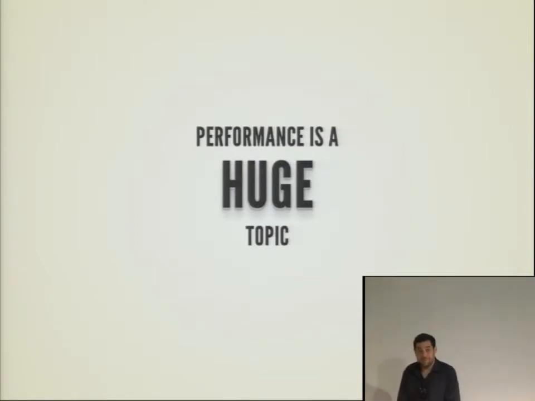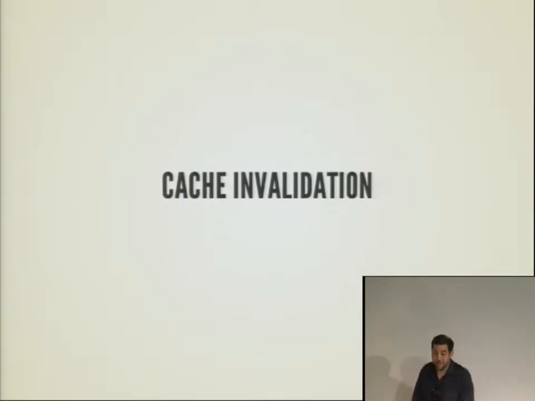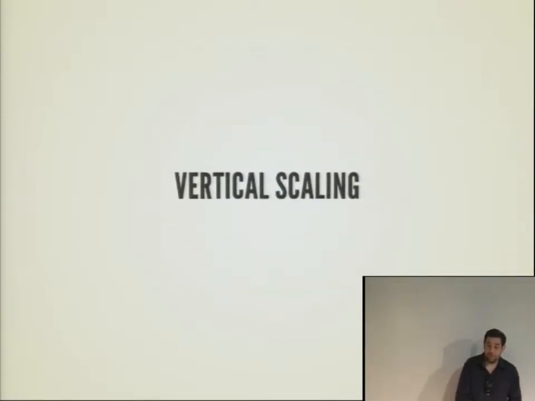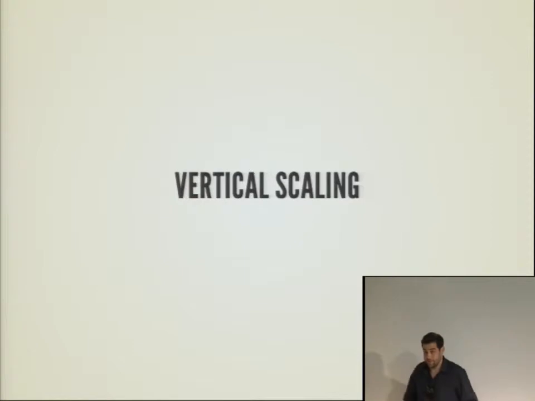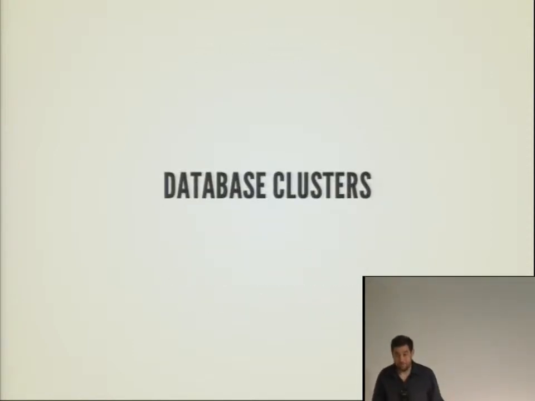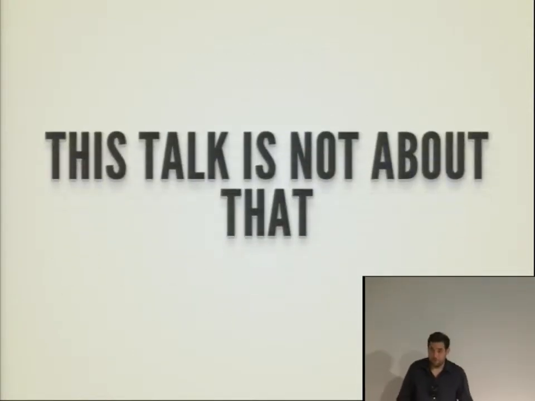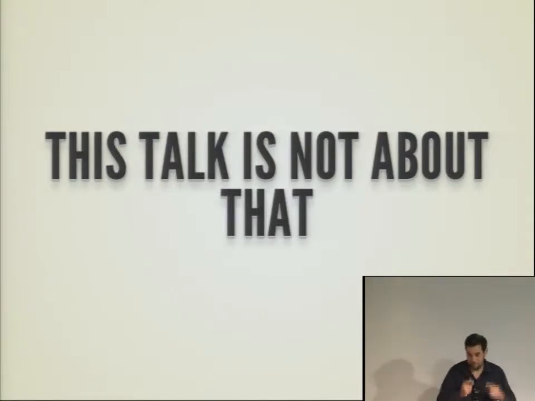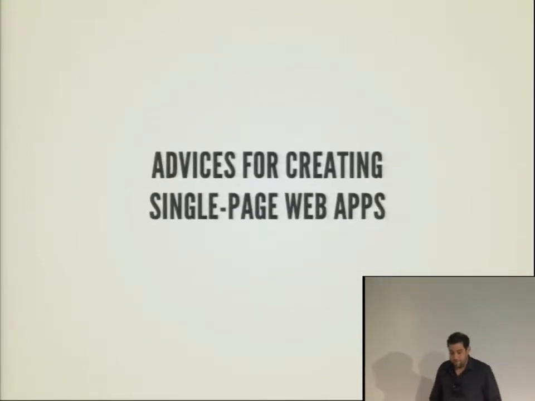Now, performance is a huge topic. I could talk about cache invalidation. I could talk about vertical scaling versus horizontal scaling. I could talk about database clusters, but I won't do that, don't worry. So people who have left can now come back. I could also give you some advice for creating single-page web apps, like Gmail or something.